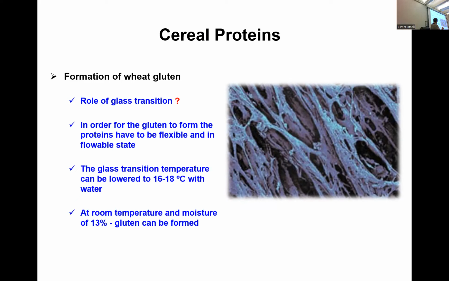If we're kneading the dough at room temperature, we need a moisture content of about 13% to cross the glass transition. We can get to a lower temperature at higher moisture content for glass transition. But it is a must to cross the glass transition temperature so that we go from glassy to amorphous, so that it is more pliable and flexible. Okay.